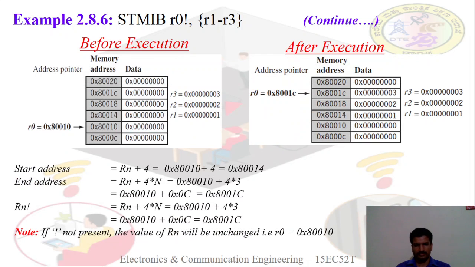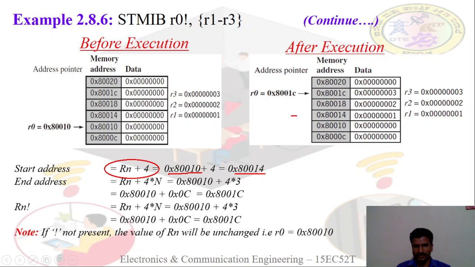Okay, for this example also I will calculate the starting address and end address. For this STMIB, the starting address is Rn plus 4, where Rn is nothing but R0. R0 content is 80010 plus 4, so 80014.